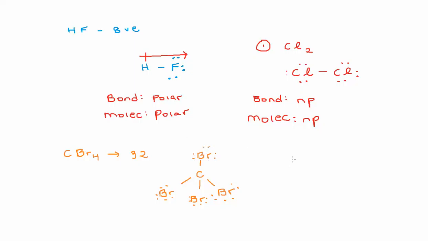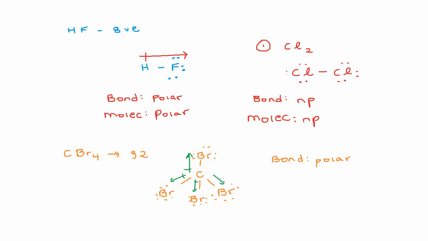The bond, because I've got carbon and bromine, I'm going to assume is polar. Since bromine is more electronegative than carbon, I'm going to assume that the dipoles look like that.